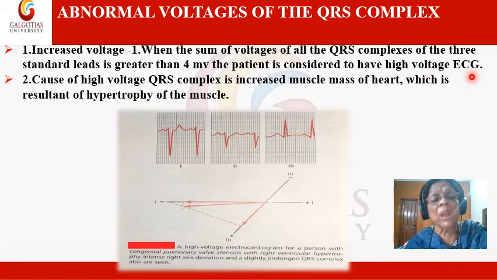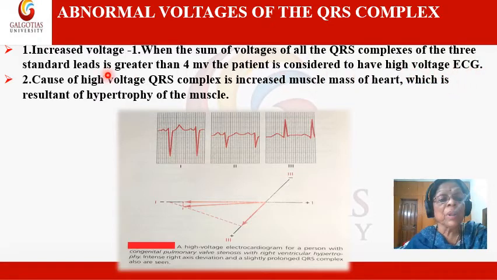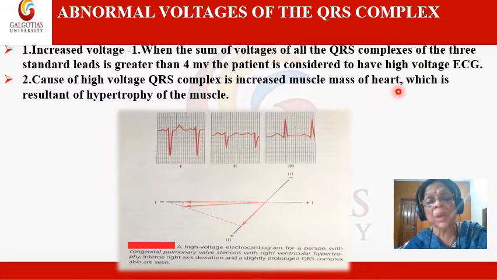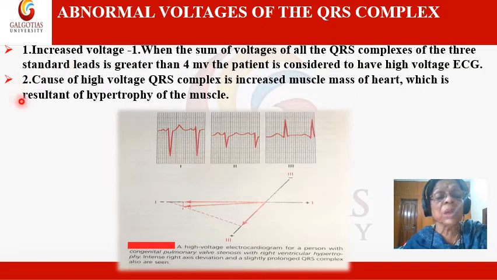That is, if we summate the voltages of the QRS complex of the 3 standard leads, and if the summation is more than 4 millivolts, then the ECG is said to be a high voltage ECG. The cause of high voltage QRS complex is increased muscle mass of the heart, which is the result of hypertrophy of the muscle.